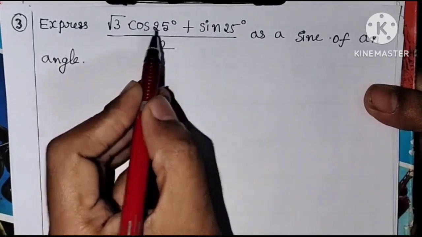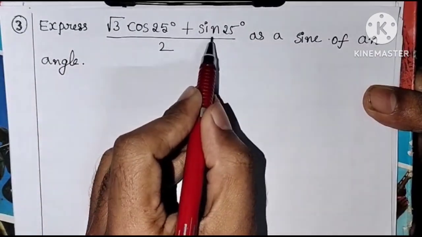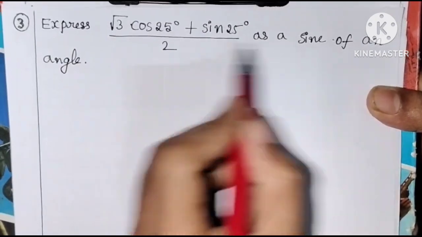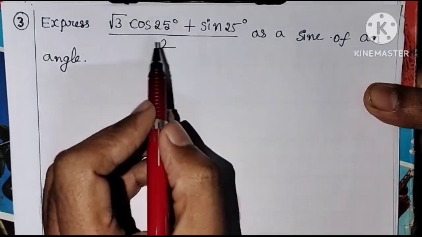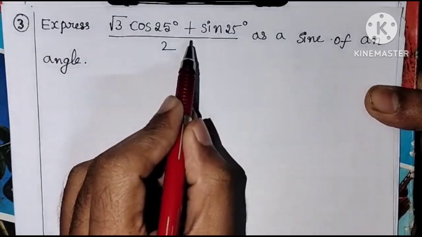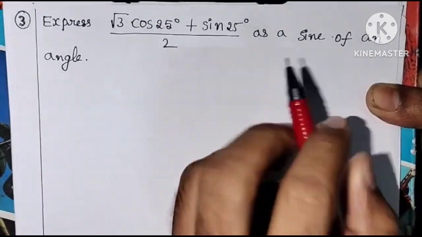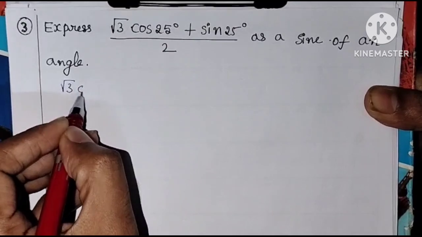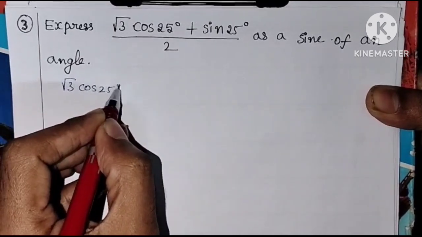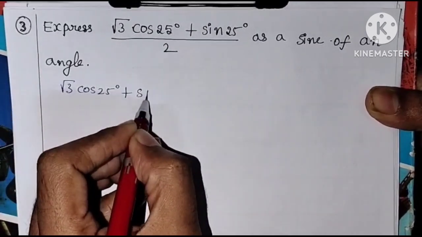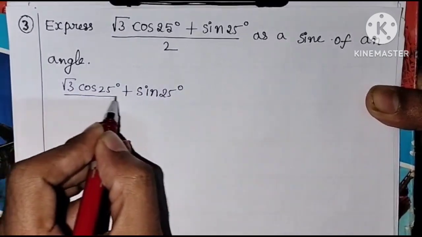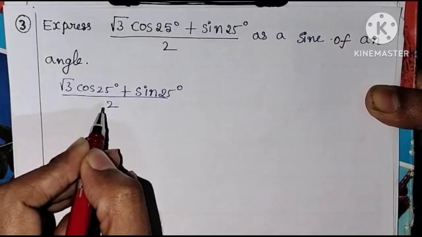Express root 3 cos 25 degrees plus sine 25 degrees by 2 as a sine of an angle. Okay, so we have to express this expression as sine of some angle. First note down the given question: root 3 cos 25 degrees plus sine 25 degrees by 2.